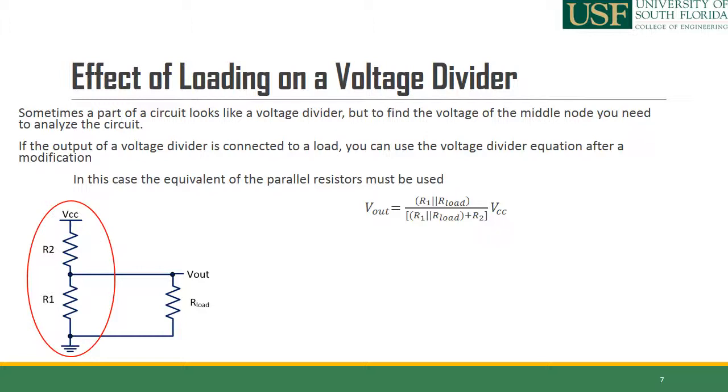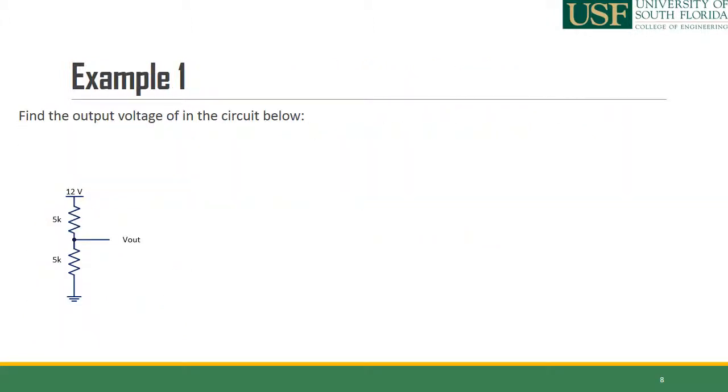So if we assume that there is an equivalent resistance for R1 parallel to R load, then the total circuit is going to be a voltage divider in which R1 parallel to R load, divided by R1 parallel to R load plus R2, times VCC would give us the output voltage of the circuit. We review this concept a little bit more in one of the examples at the end of this video.